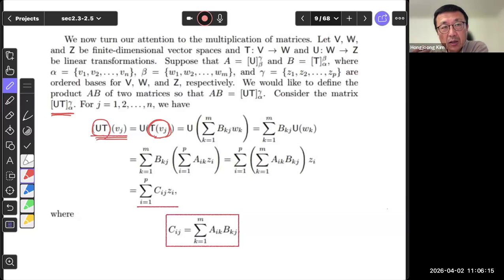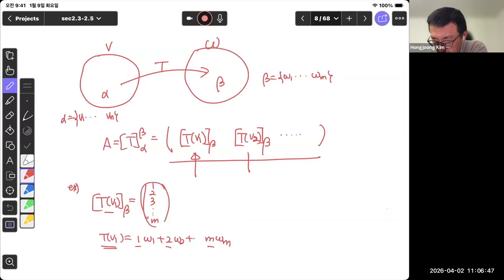Since this is Vj, the coefficients are the jth column of B matrix. The jth column of B will be the coefficients of this linear combination. Please remember here, when these numbers are the coefficients, then T of V1 can be constructed by this linear combination using these as coefficients.